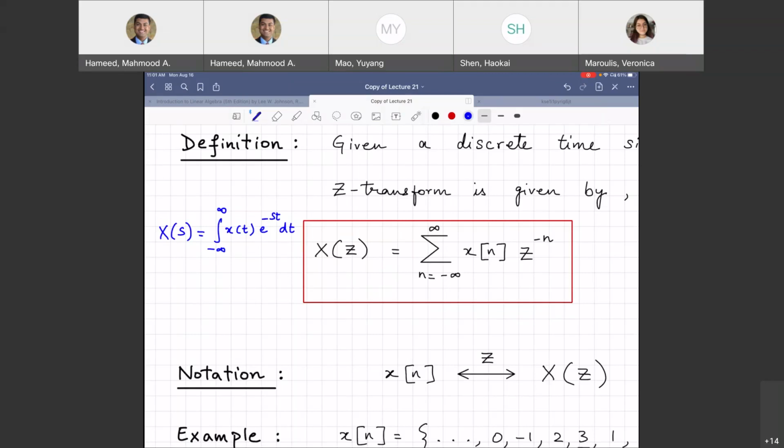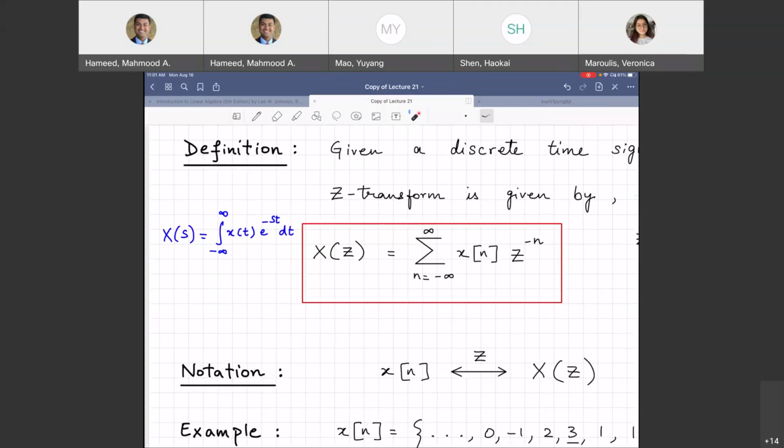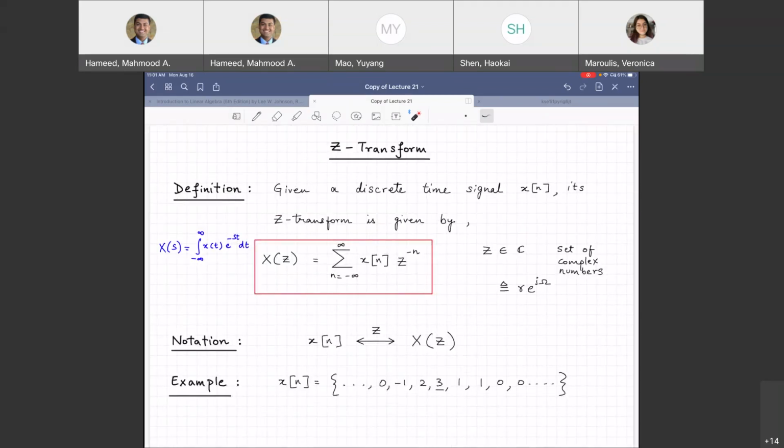So we got, based on that same criteria, that e to the st is an eigenfunction to that LTI system, while the eigenvalues are h of s's, and we'll prove this. Similarly, for discrete, you get z to the negative n, or z to the n, as eigenfunctions with the eigenvalue h of z, the Z transform of h of n, the impulse response of the discrete time sequence. We'll try to prove that. But that's where we are getting that relationship from.